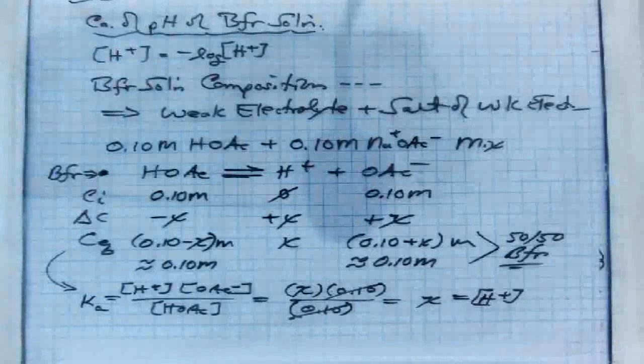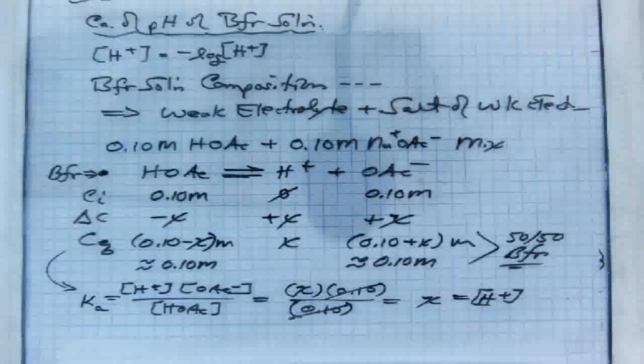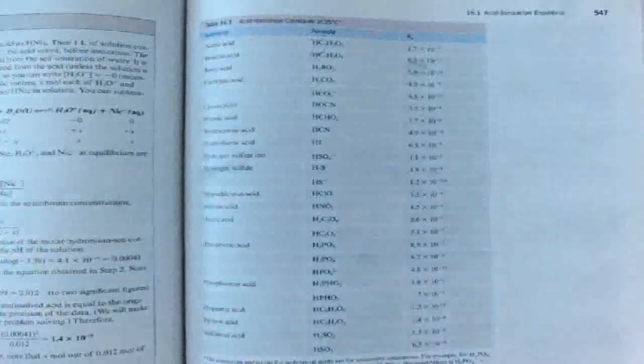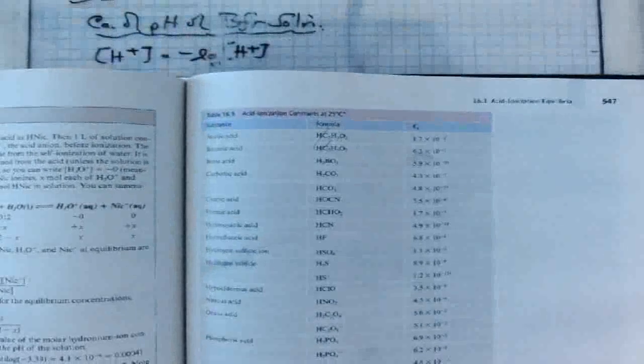So in the case of the acetic acid, the Ka value, if you saw it, was 1.8 times 10 to the minus 5, from the tables. Therefore, if Ka equals the hydronium ion concentration, then the pH is equal to minus log of the Ka value.